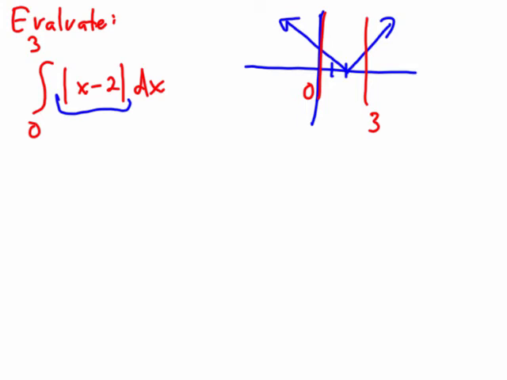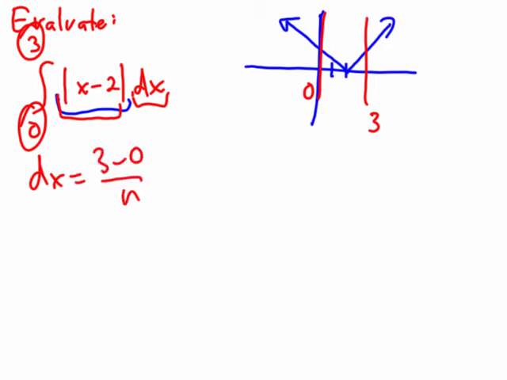Because the graph is above the x-axis, f of x will be positive, and dx will be positive because we're going the higher number minus the lower number to calculate it. And so the value of this definite integral represents the shaded area in red.